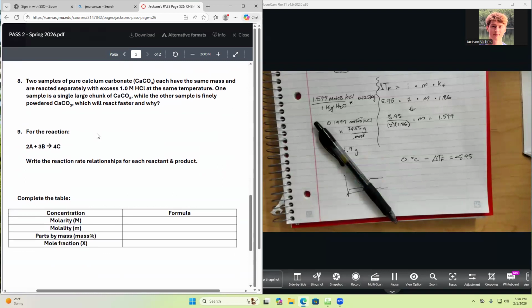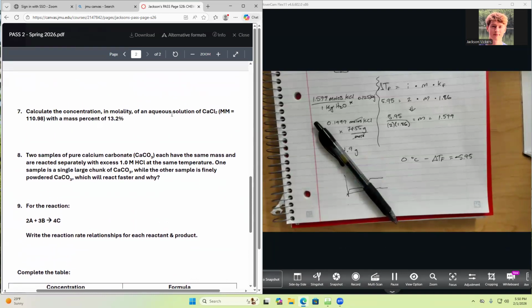Calculate the concentration in molality. So we already did a molality one. So you guys should be good with that. Of an aqueous solution of calcium chloride, and I've given you the molar mass, with a mass percent of 13.2%. I don't remember if we did this one on Thursday. We might have, but it's okay. Extra practice. Good thing.